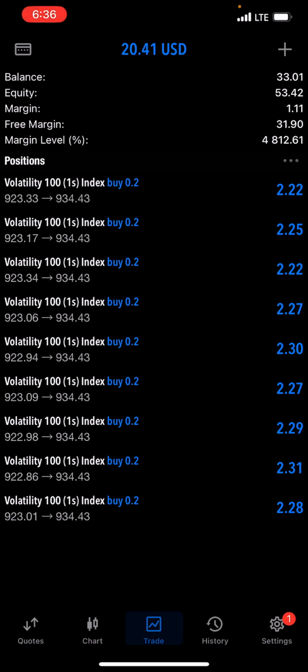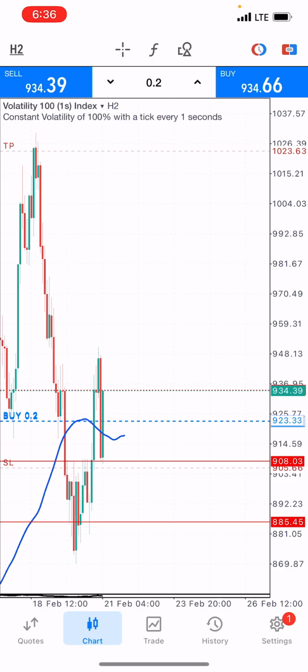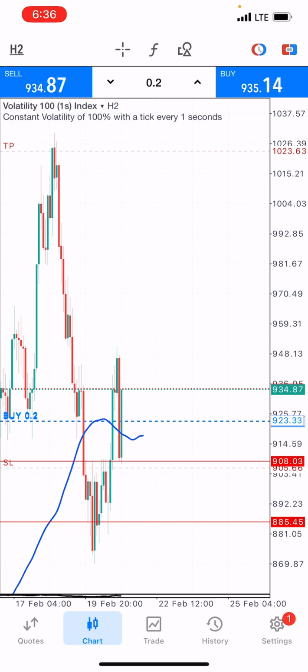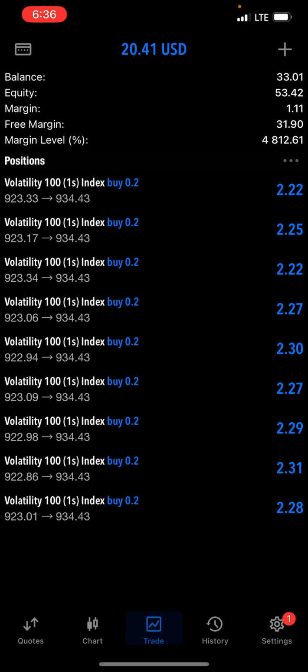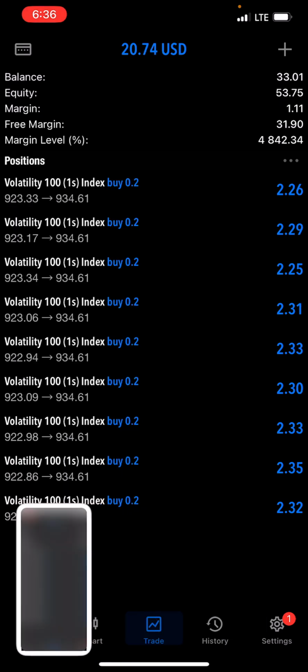Here's the trade. You can see this is my SL, 3.5 risk each position. So I have like 9 positions, meaning if I lose all these 9, I'll be losing the $30 that I have.